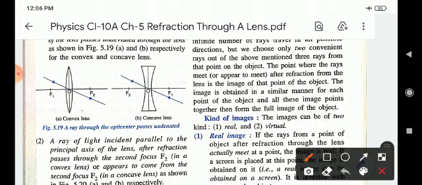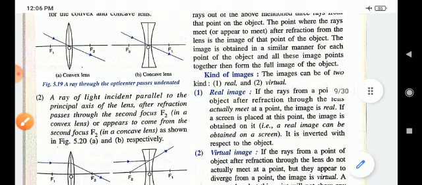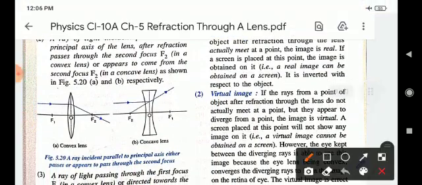Children, this incident light is undeviated. Second point. A ray of light incident parallel to the principal axis. This is the principal axis.